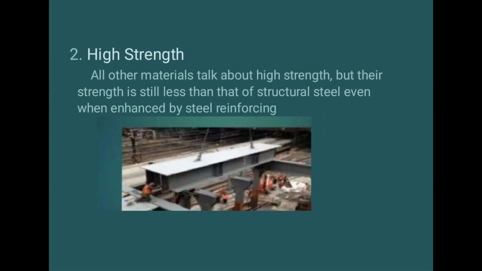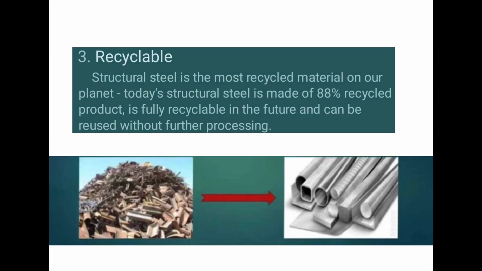Yes, friends. Next, we are discussing high strength. Yes, this is the advantage: all other materials talk about high strength, but their strength is still less than structural steel, even when enhanced by steel reinforcing. Third one is recyclable.